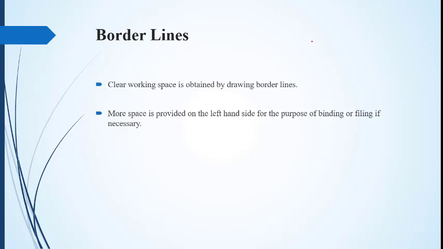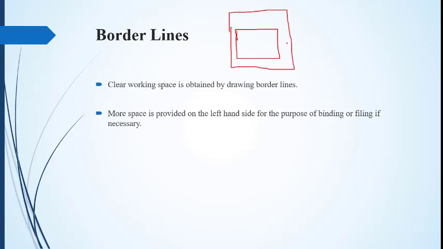Now coming towards border lines: what a border line is and how we can draw the border lines. Here it is written that clear working space is obtained by drawing border lines. For a clear working space, we draw border lines around a sheet.